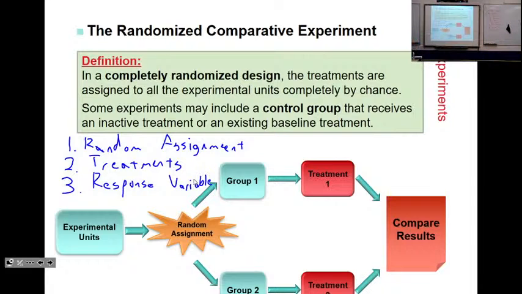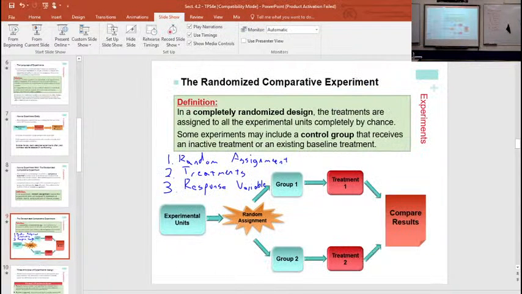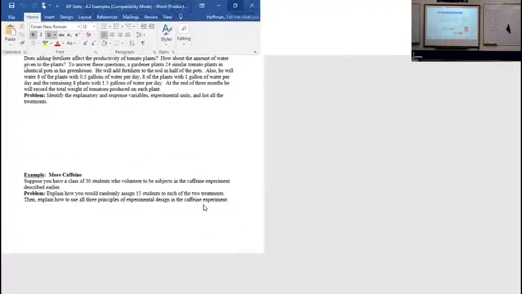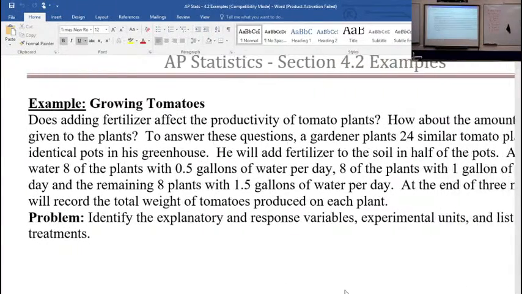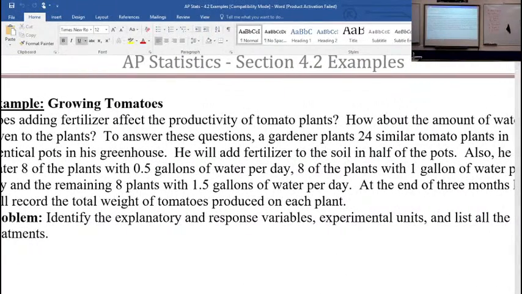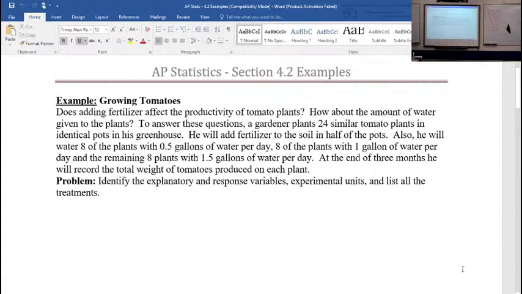Let's look at some examples of these designs and making these designs. This is in our example sheet here.